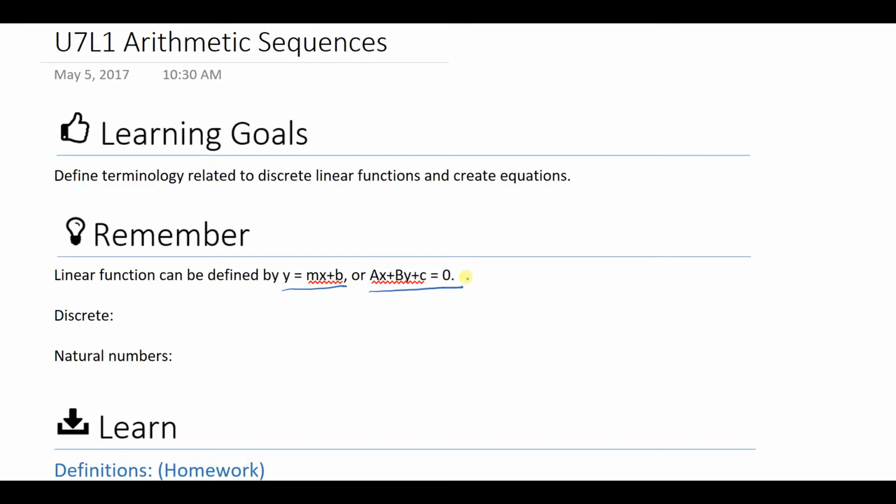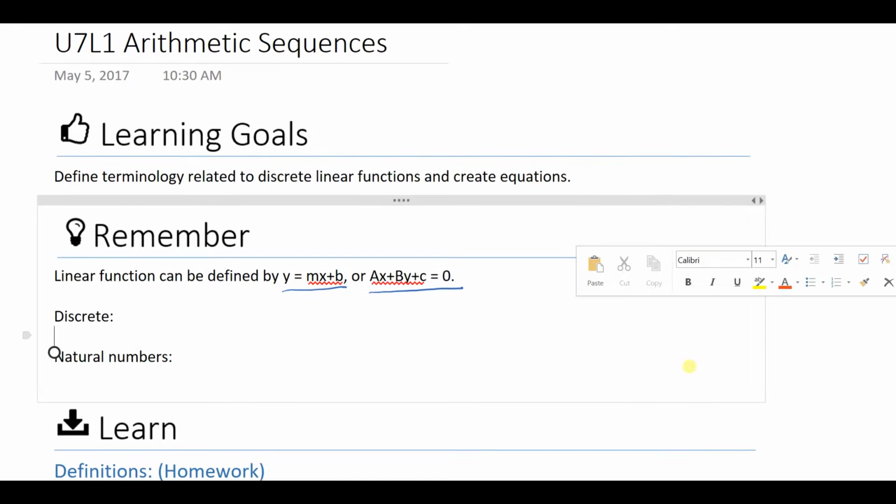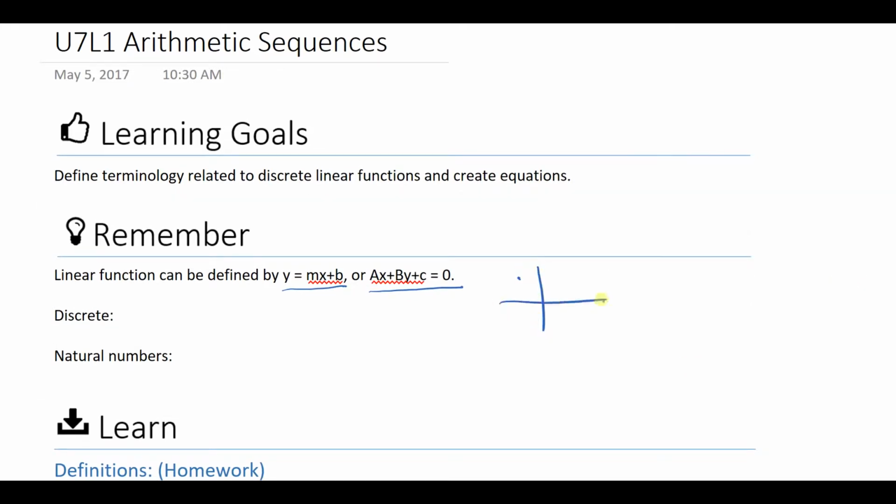You could use either. And we mostly had linear equations that look like nice solid lines, but occasionally we would have certain situations that would give us only dots.